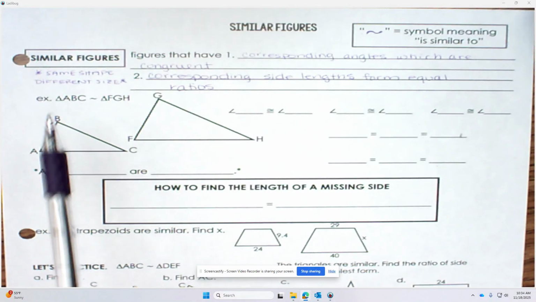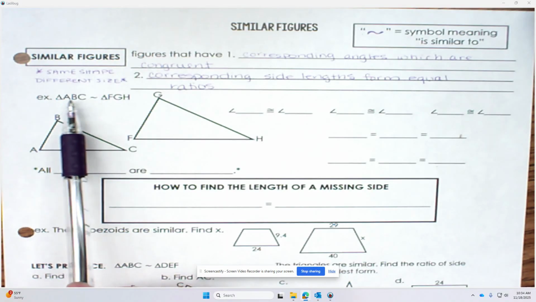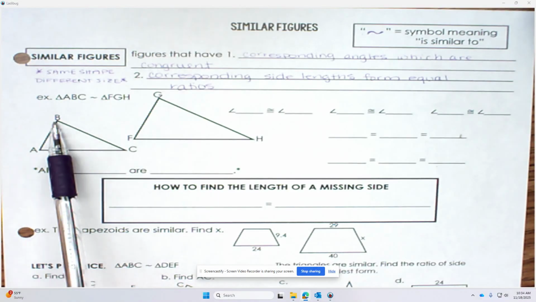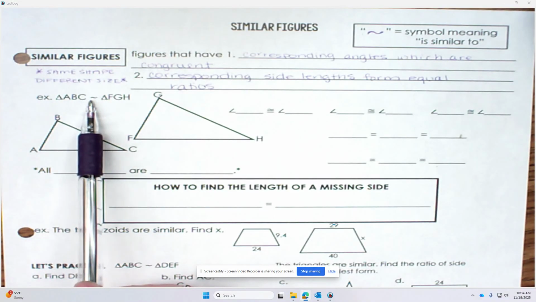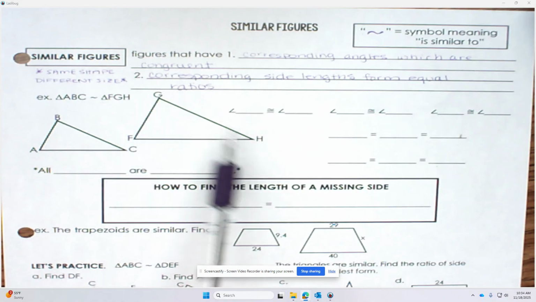So we use a symbol of a triangle in front of our letters to symbolize we're talking about the triangle. Triangle ABC. So ABC, use all 3 vertices. Okay? So triangle ABC is similar, that's our similarity symbol, to triangle FGH.